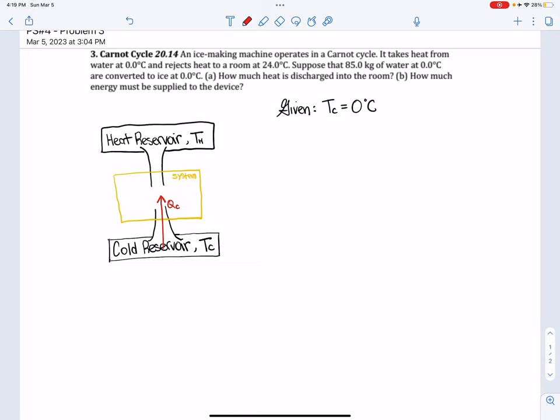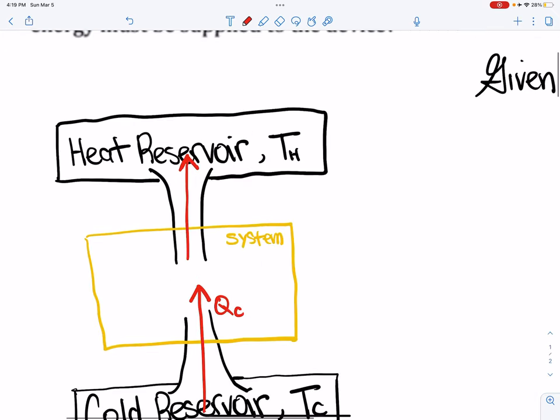And it rejects heat to a room at 24 degrees Celsius. So the system rejects heat into the heat reservoir, or the room, at 24 degrees Celsius. So that is my QH. Actually, I'll try to write it within here.